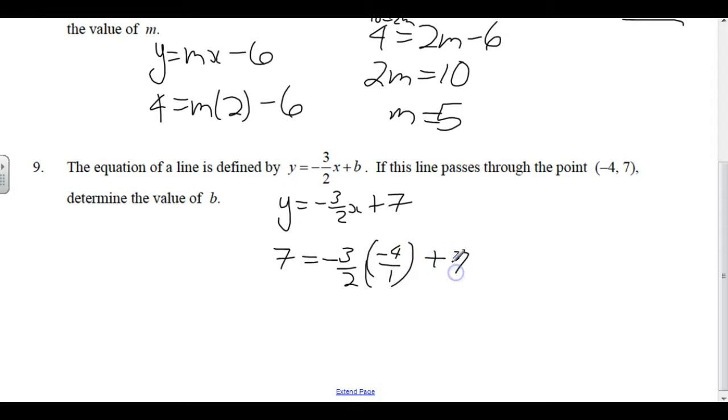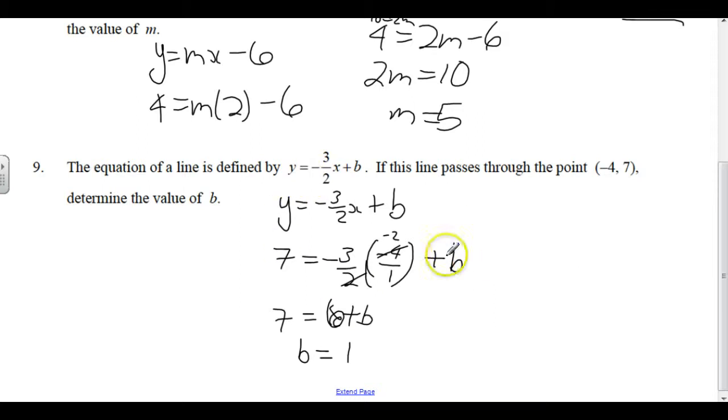Plus b. Oh, determine the value of b. That's not a 7, that's a b. Alright, so we have a negative times a negative is positive. Right, this is negative 2. So we get 7 is equal to 6 plus b. So b is equal to 1.